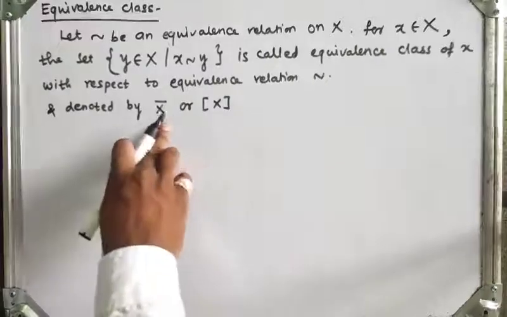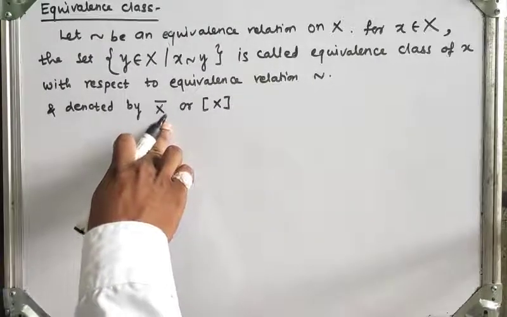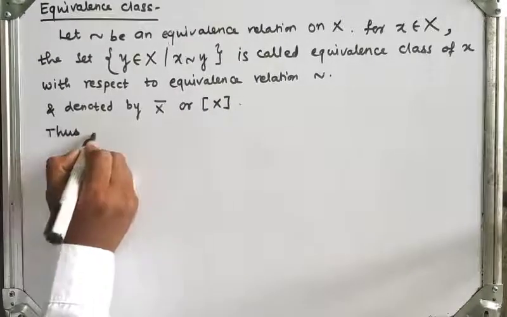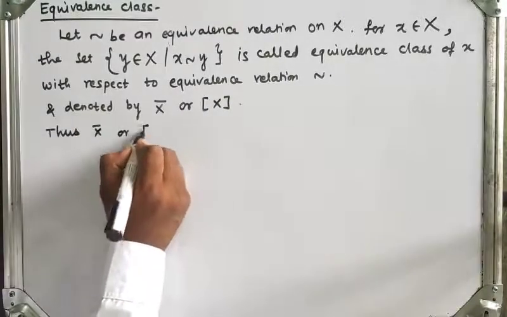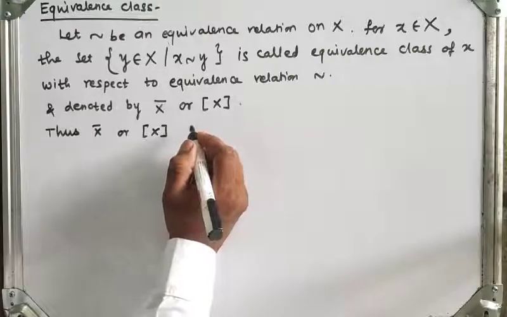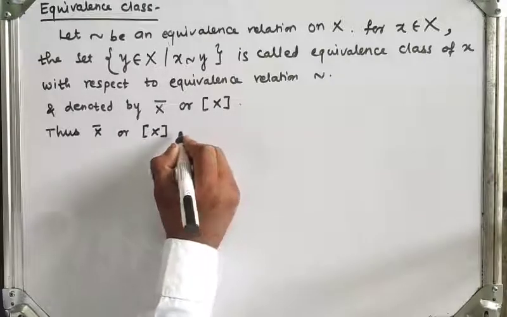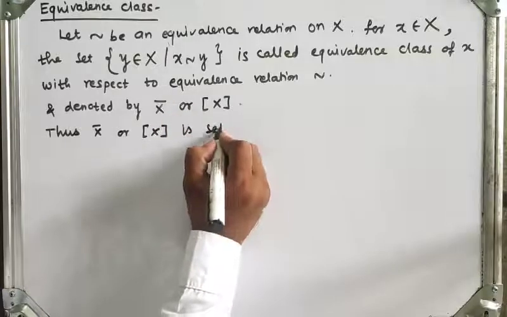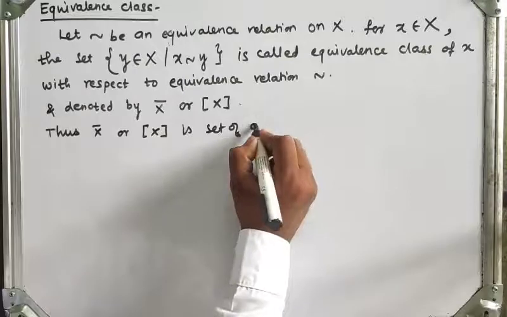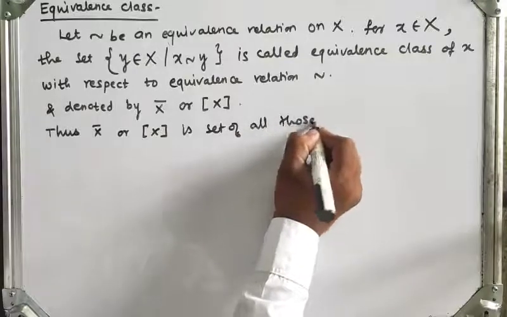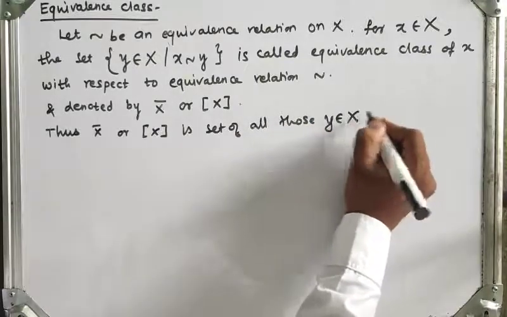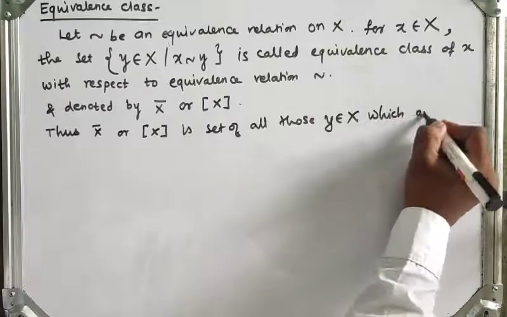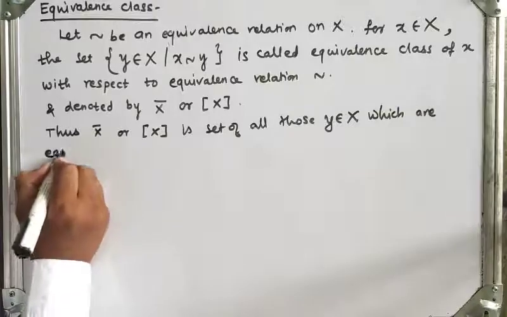This is the set of all equivalence classes. So thus x bar or close bracket x is the set of all those y belonging to X which are equivalent to x.